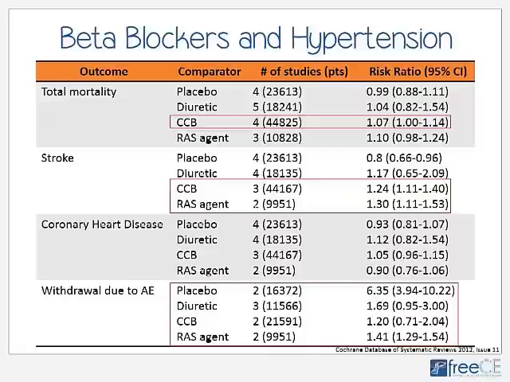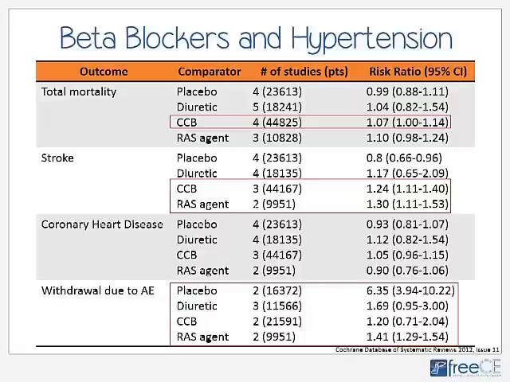And you can see the number of studies and the number of patients included with each of those comparisons, and then the risk ratio and confidence interval for the outcome they looked at. So in terms of total mortality, atenolol, which was the primary beta blocker used in the majority of these studies, beta blockers showed higher mortality rates compared to calcium channel blockers, no difference really in the other agents.